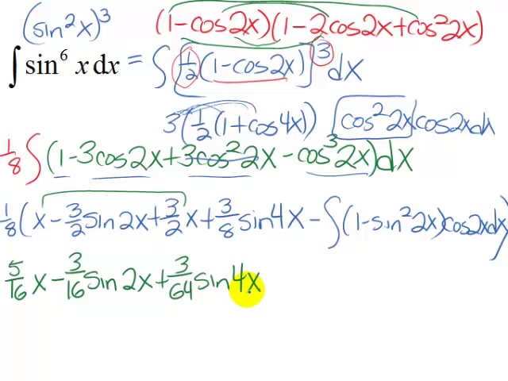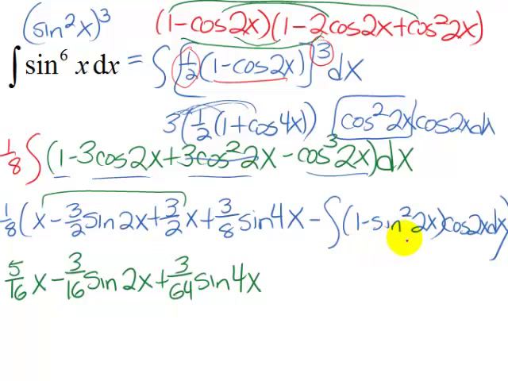And now to work this last integral, we could do a u substitution. So let's go ahead and figure out what that would need to be. I'm going to go down here below to do that, and then we'll put our final answer on the end here, with what we've got so far.